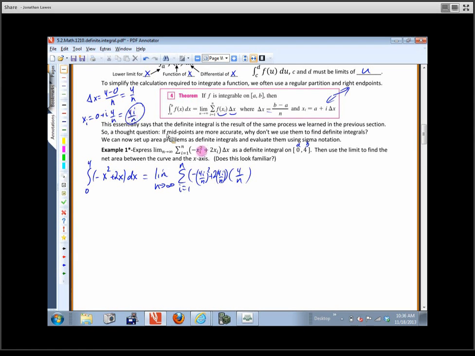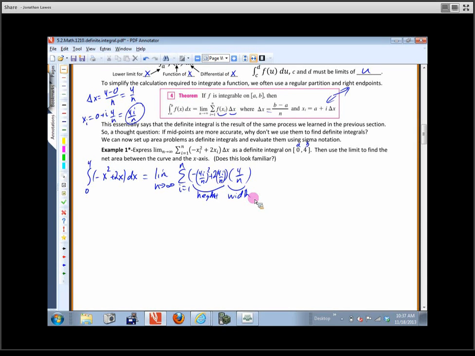I'm plugging that in wherever there's an x, so that's why that's negative out front, 4i over n quantity squared, plus 2 times my right endpoint, my x sub i, 4i over n, times 4 over n. Okay, what is this right here? It's a height. And what is this right here? It's a width. Okay. Any questions?